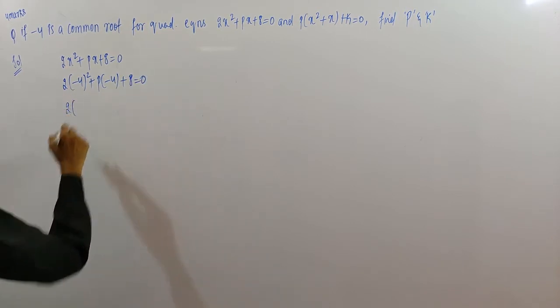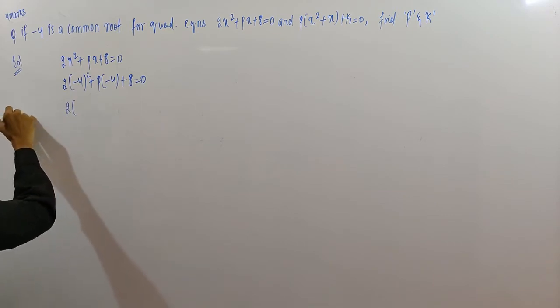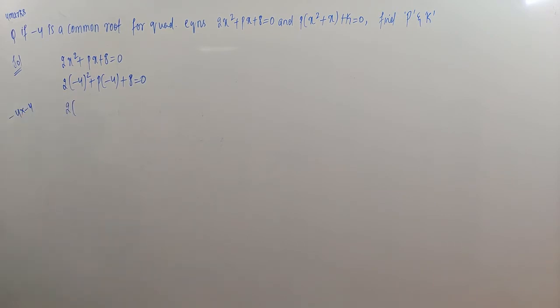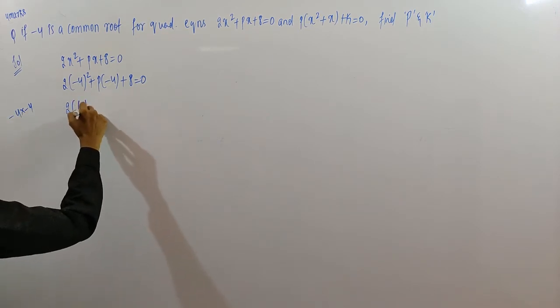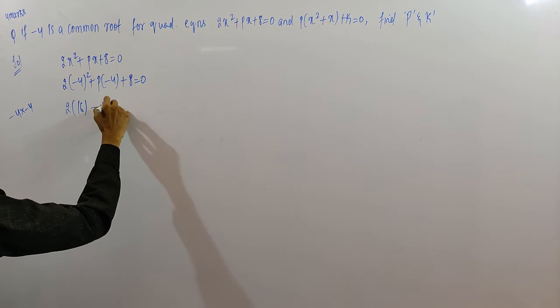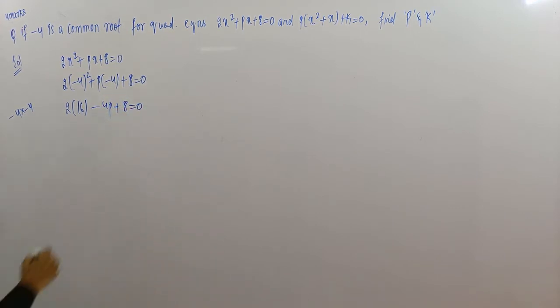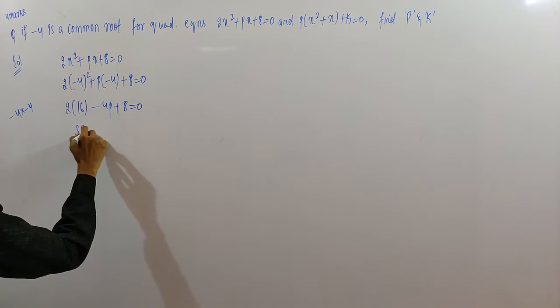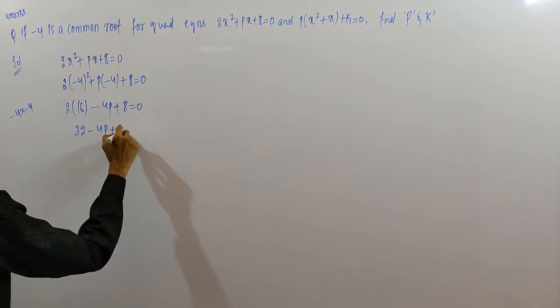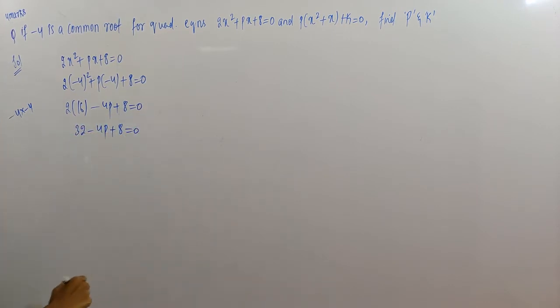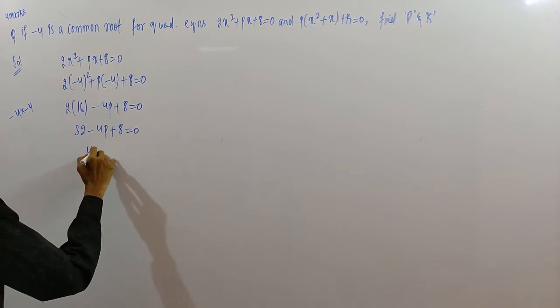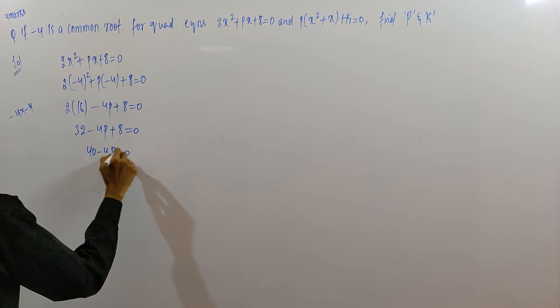Now (−4)² means minus into minus, plus 4 into 4, we have 16. Plus into minus, minus 4p plus 8 equal to 0. 2 into 16, we have 32 minus 4p plus 8 equal to 0. 32 plus 8, 40 minus 4p equal to 0.